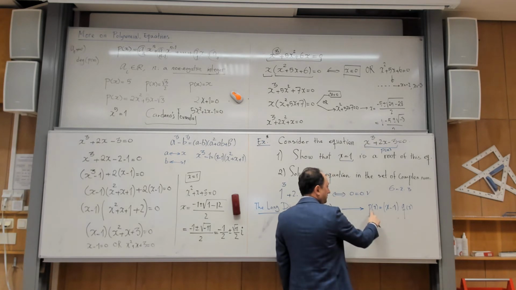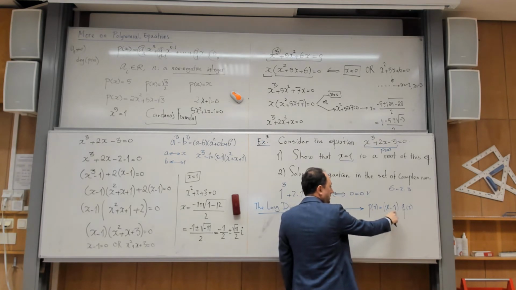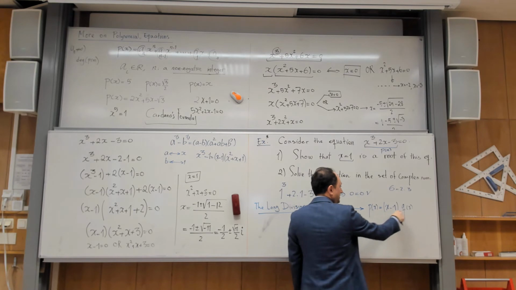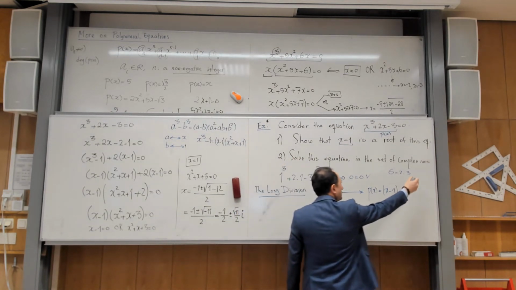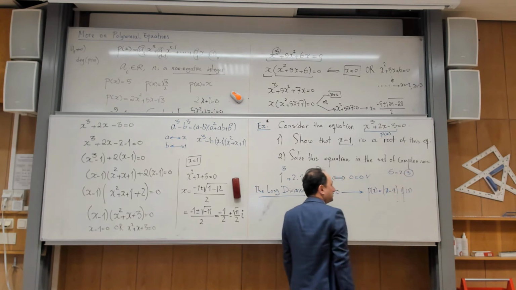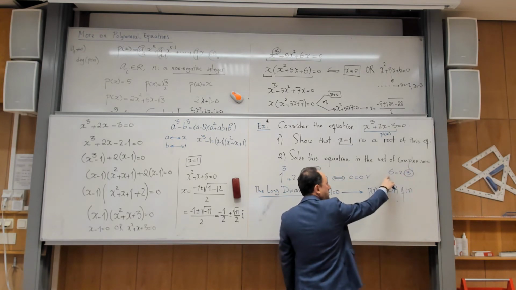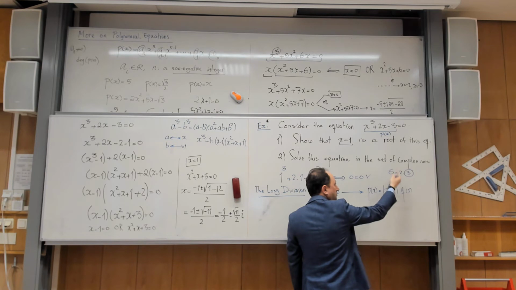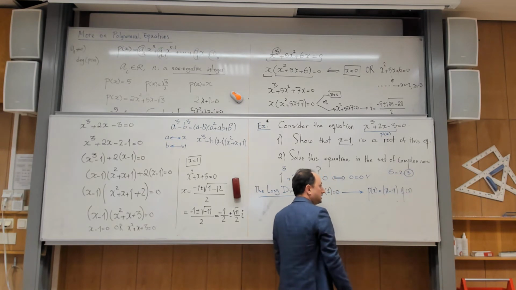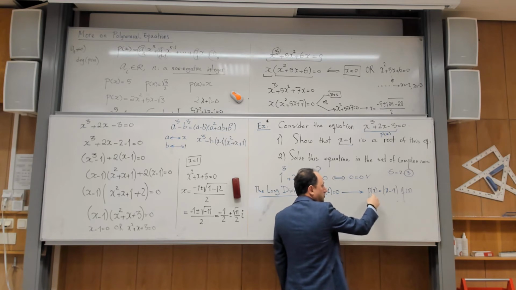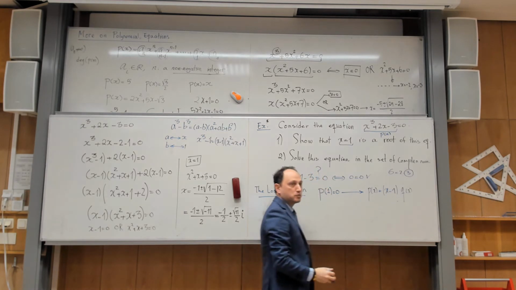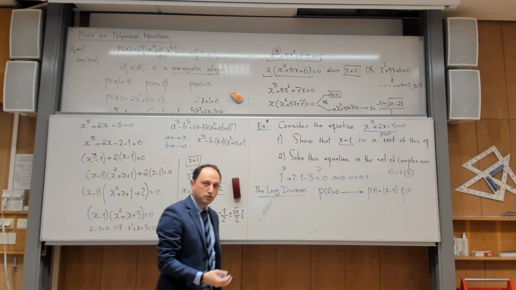Here you can say p of x is divisible by x minus 1, and p of x is divisible by q of x. So if I ask you to find the second factor, you divide 6 by 2 and it becomes 3. So if I ask you to find q of x, one way is to divide p of x by x minus 1, which you didn't know how to do so far.